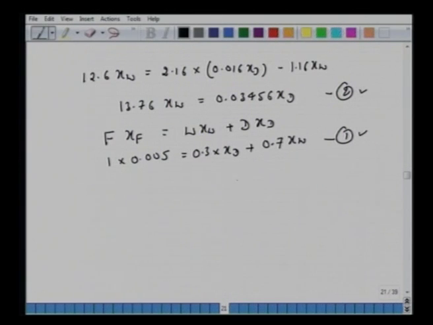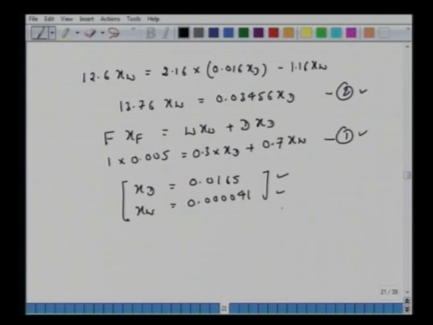If we substitute equations 1 and 2, we should be able to show that Xt equals 0.0165 and Xw equals 0.000041. So we have got the two unknown compositions, Xt and Xw.